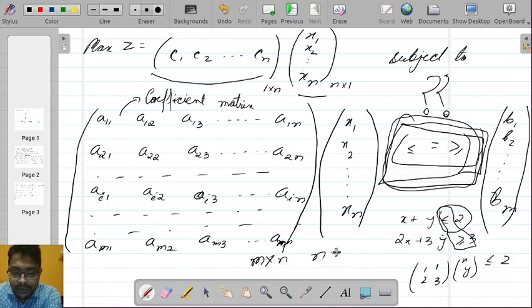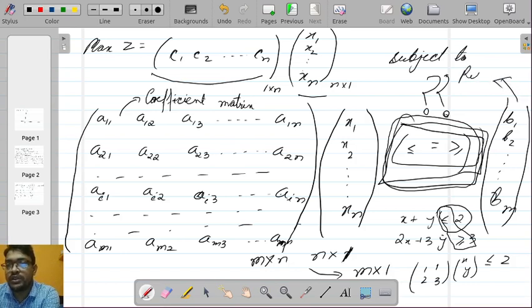This is multiplied with the matrix of order n by 1. So if we multiply these two by our higher secondary knowledge, we will get a matrix of order m by 1, which is this matrix. This is called the requirement vector, or requirement matrix.